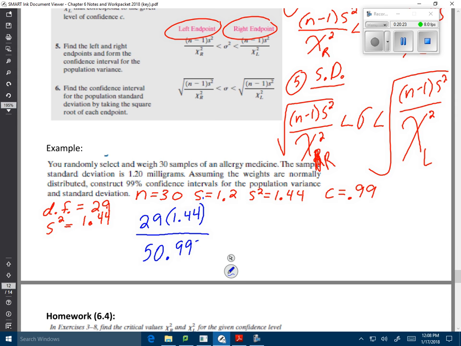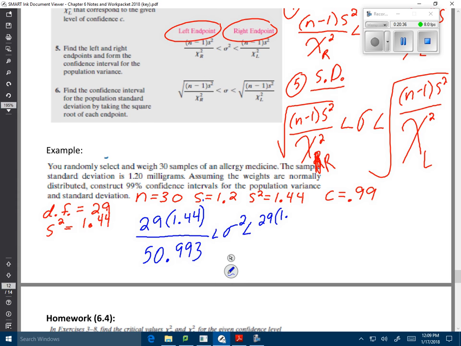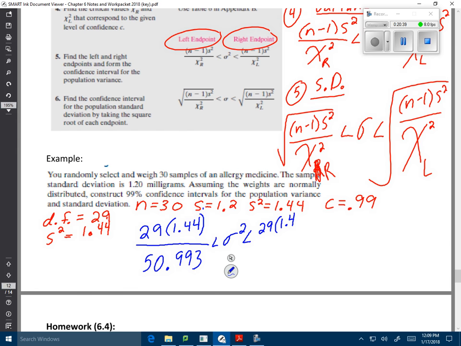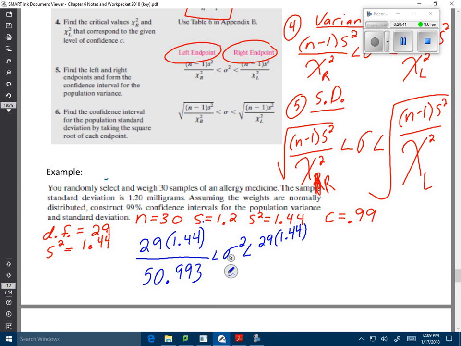And then I take 29 times 1.44. The top doesn't change. Over then 13.121. Now to finish this off with my calculator, take 29 times 1.44, divide that by 50.993, and I get .835.